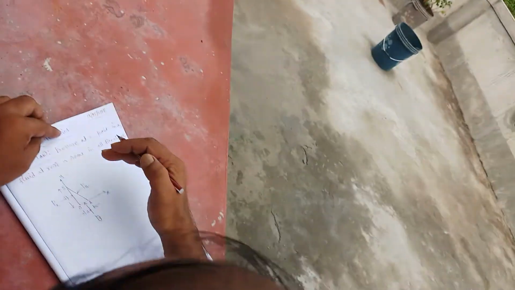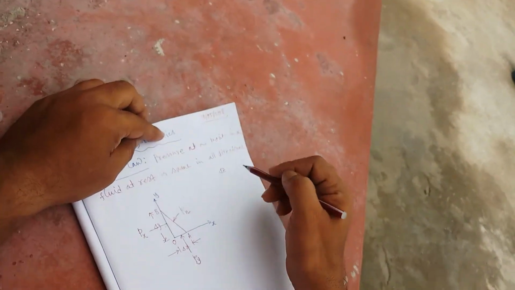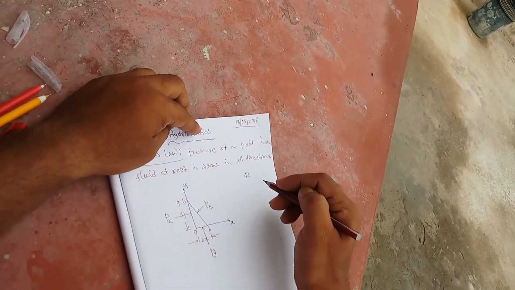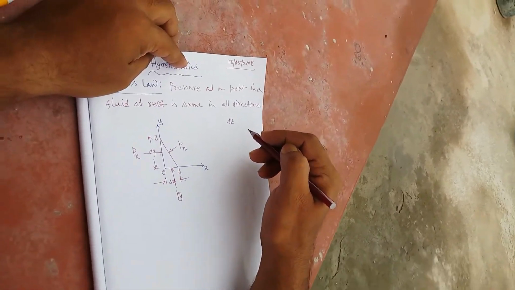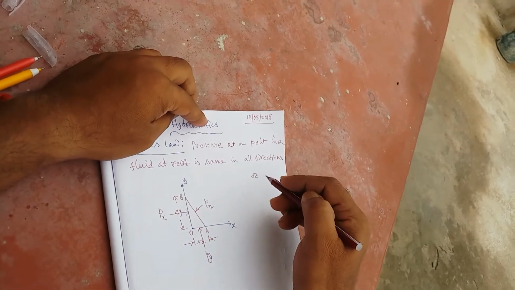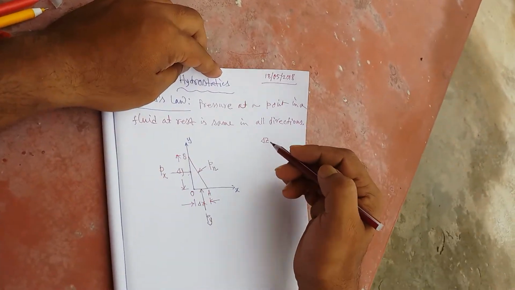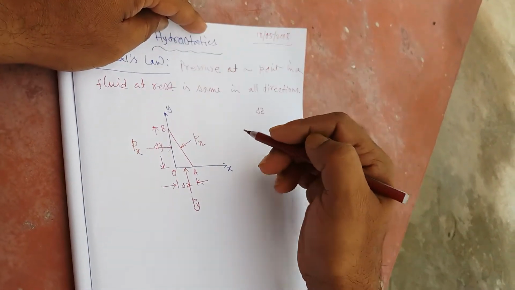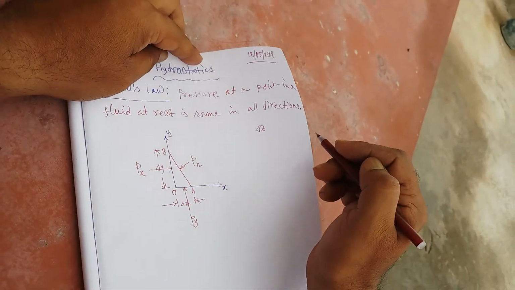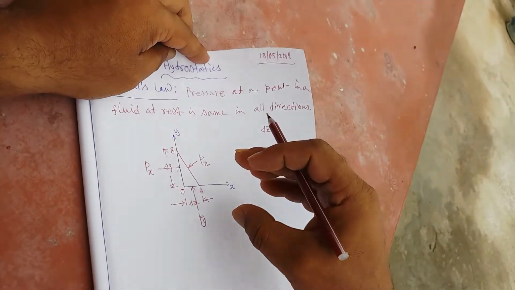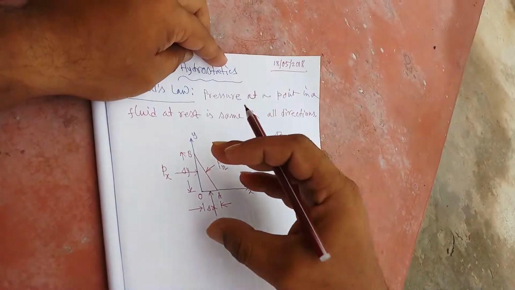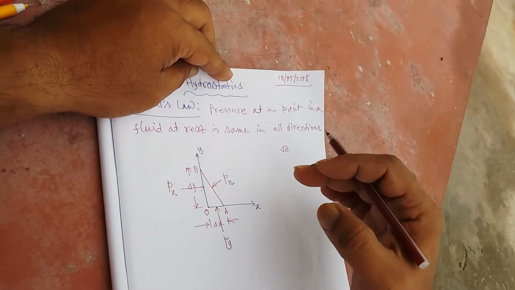Now under the action of these pressures, the fluid element is at rest. Previously it was mentioned that this is a chapter of hydrostatics, and here the fluid is not moving. So under all these pressures, the fluid element is at rest, it is not moving.